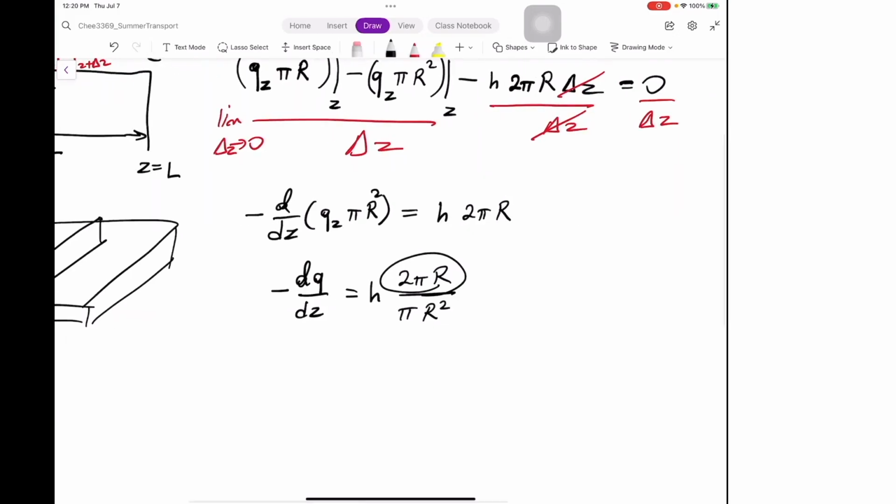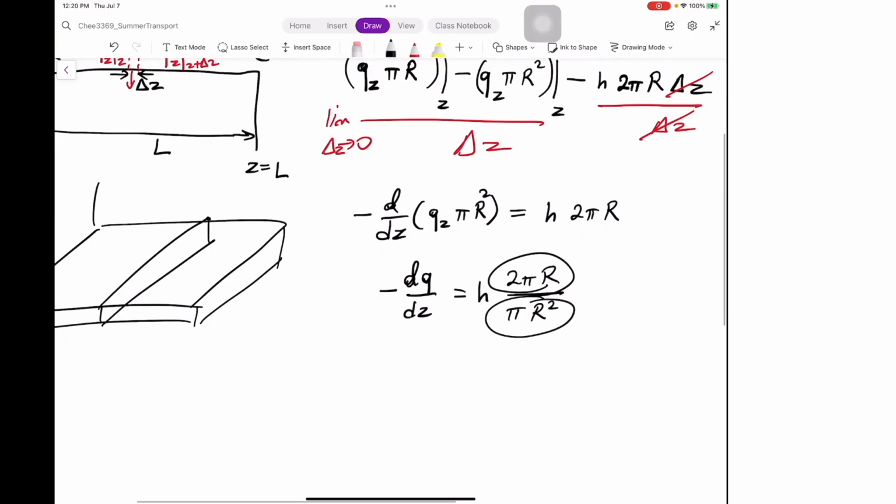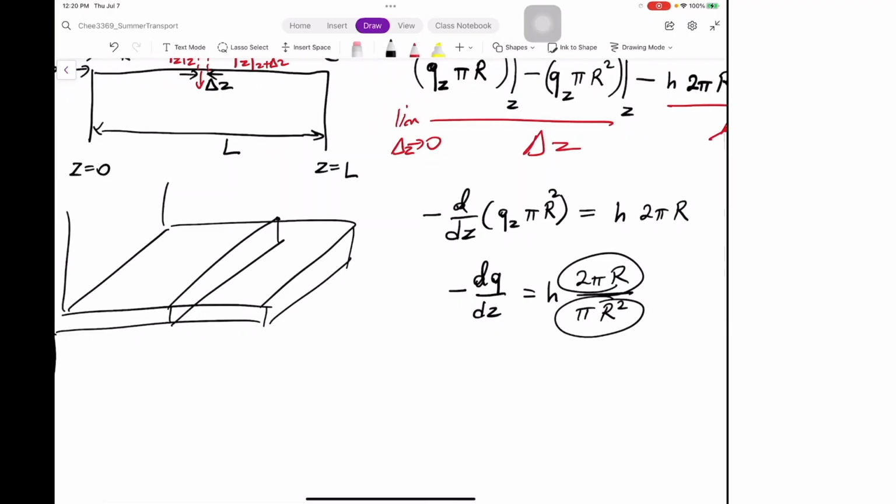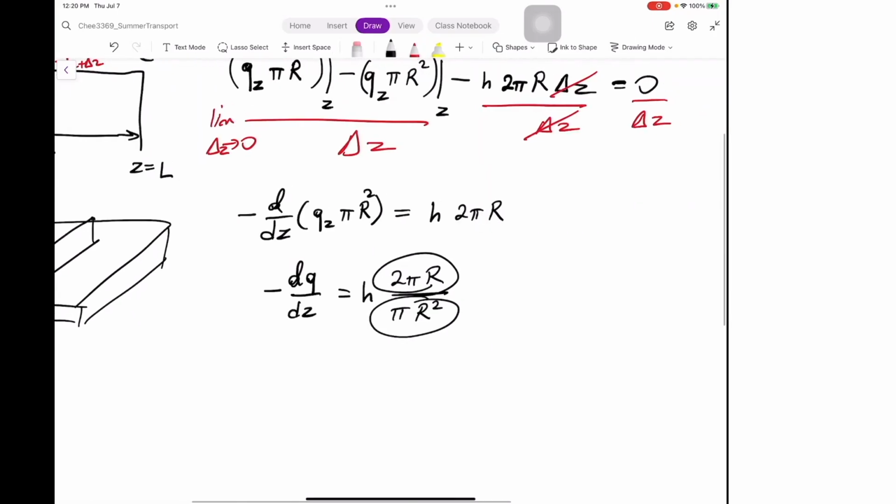And instead of pi r squared we had b times w, which was the area. So it's basically the same equation, but instead of 2 pi r we had the perimeter of the corresponding geometry and the area of the corresponding geometry. So this formula is a general formula for any shape of fin.